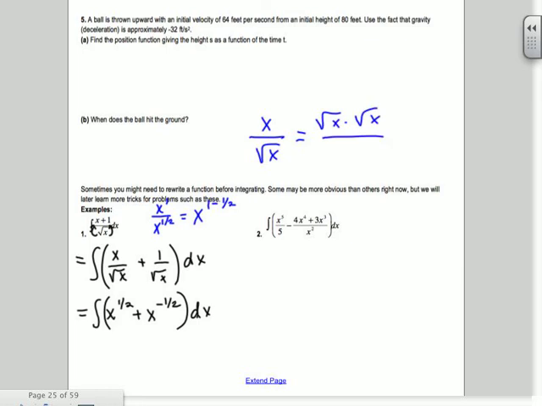X is square root of x times square root of x. So they cancel. So you can think of it that way too. All right, so what did you guys get? 2/3 x to the 3/2, minus 2x to the 1/2. Perfect. Plus c. Got it.